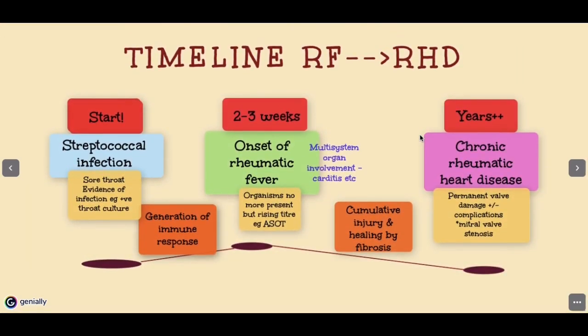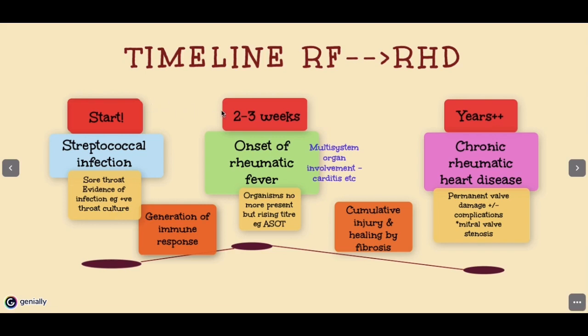So before we finish, let's just have a quick review of the timeline of rheumatic fever developing into rheumatic heart disease. So at the very start, the patient gets streptococcal infection. So sore throat would be a common manifestation, and this may be supported by evidence of infection, such as a positive throat culture.